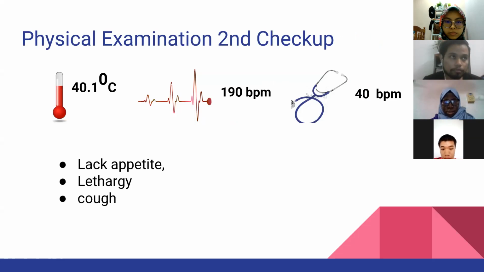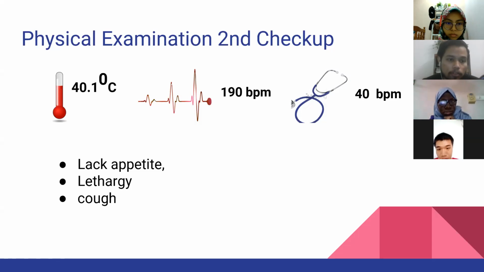From the first checkup, we can conclude that this cat might actually have diabetes mellitus that caused the clinical signs to appear. And then after treatment for 45 days, the cat was presented again for a second checkup.